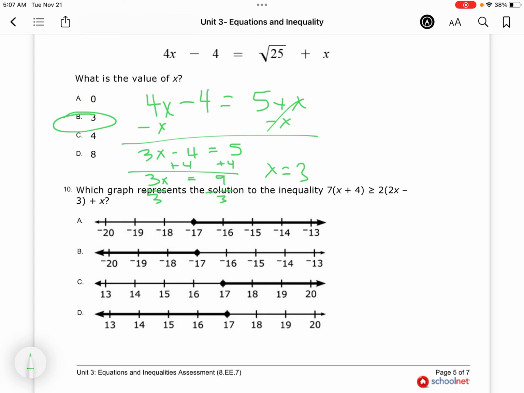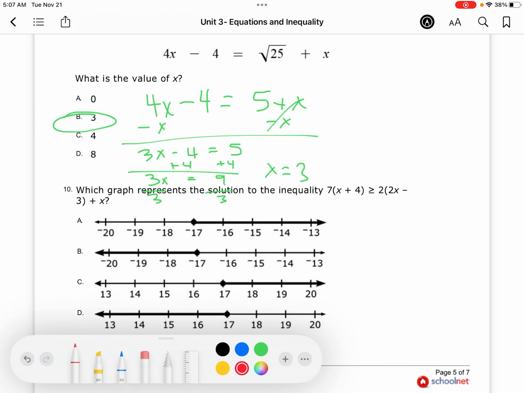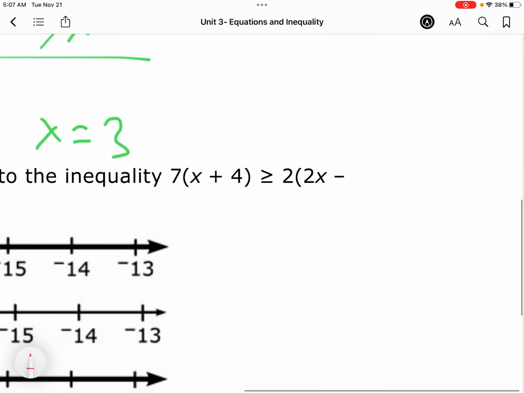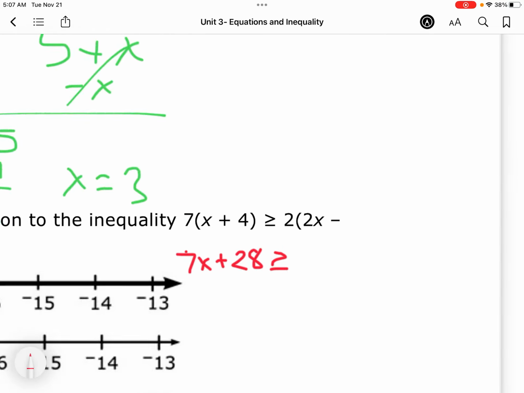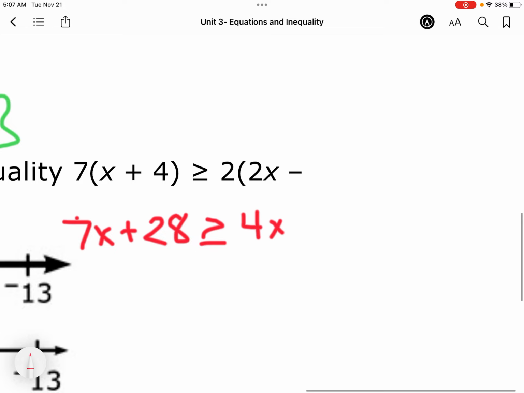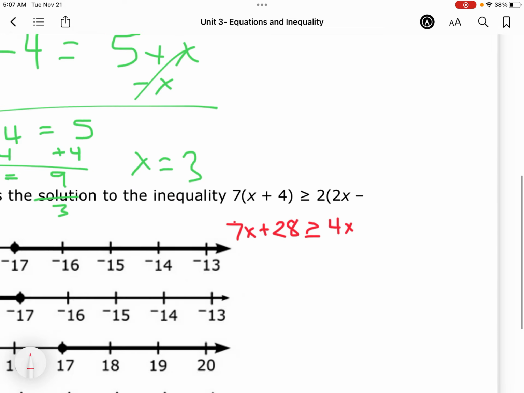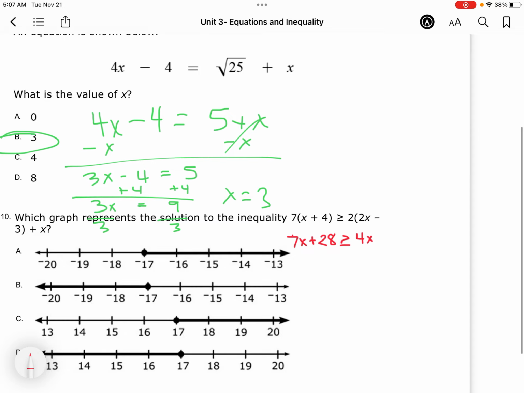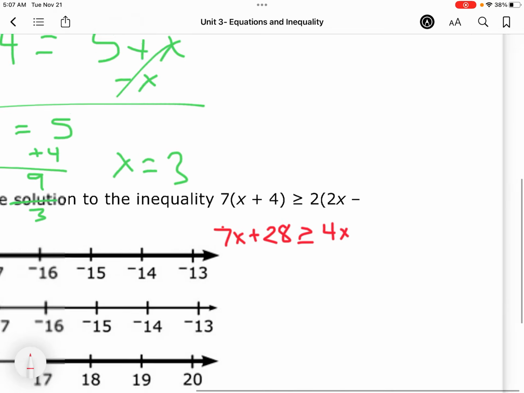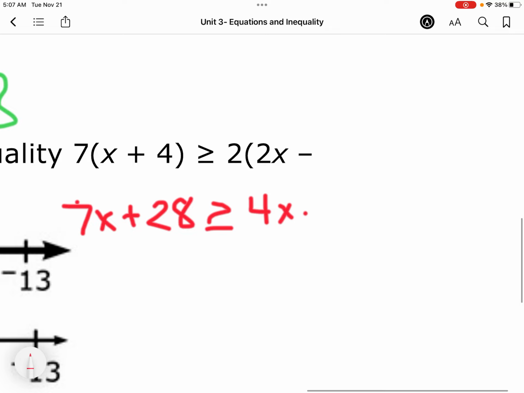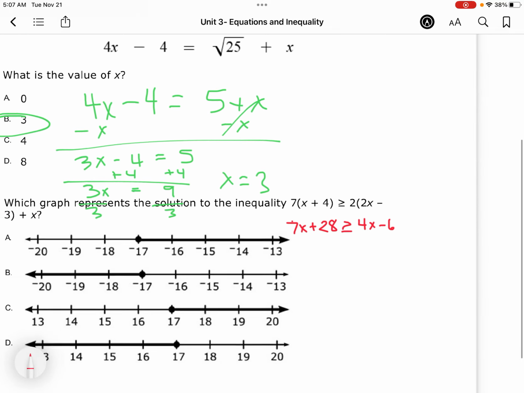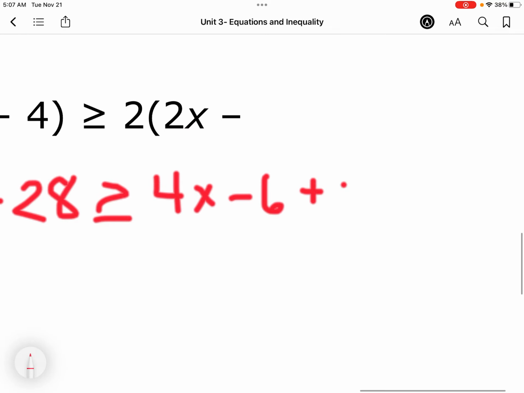They want a solution to this inequality. So I've got 7x plus 28 is greater than or equal to 4x minus 6 plus x.